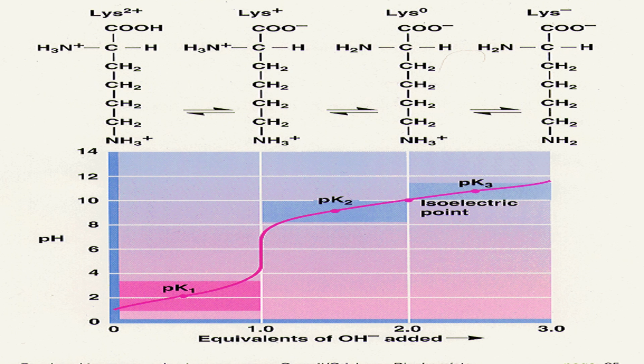It has two amino groups, the alpha amino group and the side chain amino group. So we will not consider the hydrogen given from the carboxylic group as pK1. We only take pK2 and pK3, and pK2 plus pK3 divided by 2 is the isoelectric point. Thank you very much.